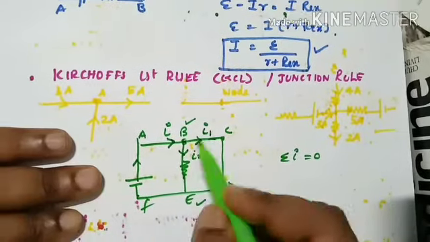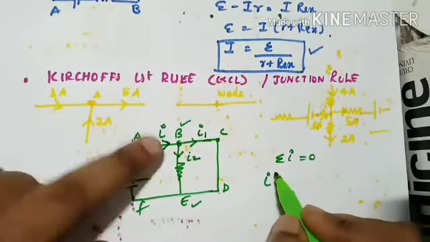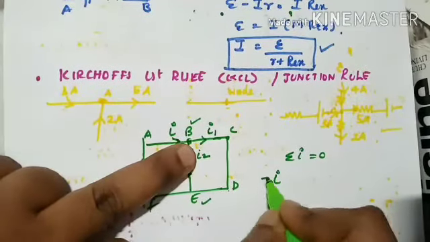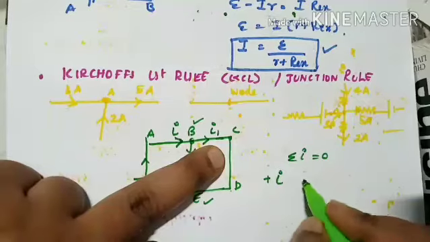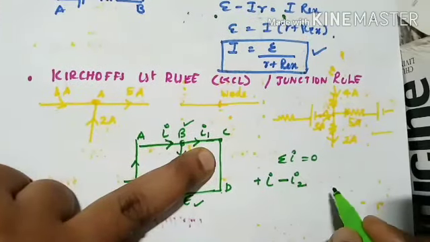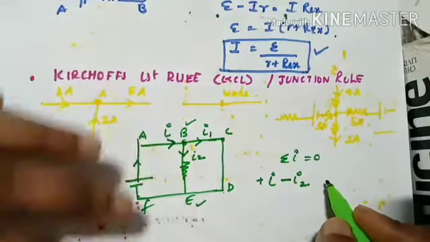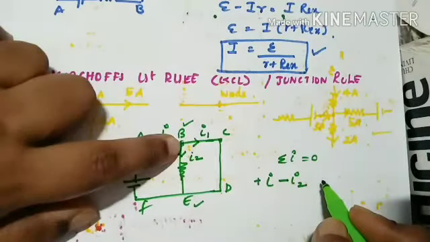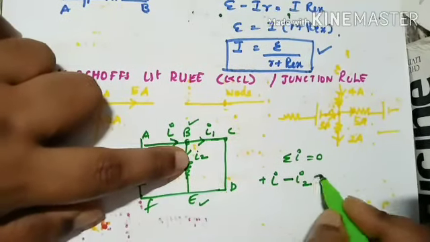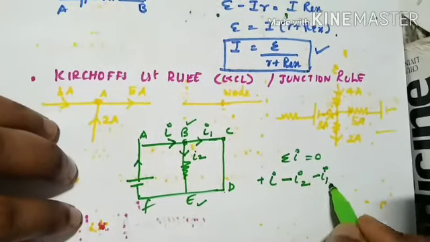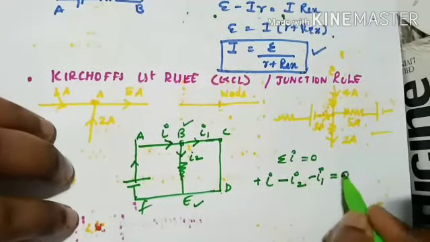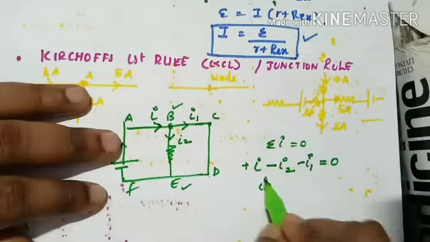So as per the junction rule, it is coming in, I will take it as positive, let's say. Leaving, I'm going to take it as minus. It is usually like that, the leaving current is usually taken as negative. Similarly, as per the junction, I2 is also leaving, sorry, I1 is also leaving. So it is I minus I2 minus I1 is equal to 0. See, let's rearrange it. What will be?